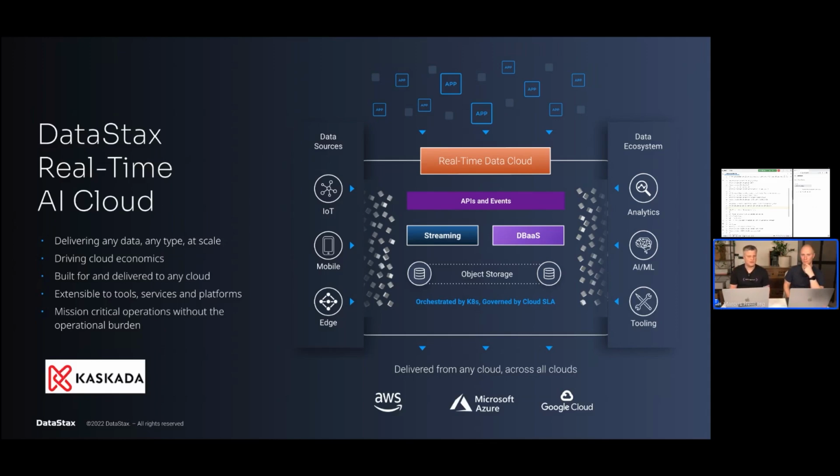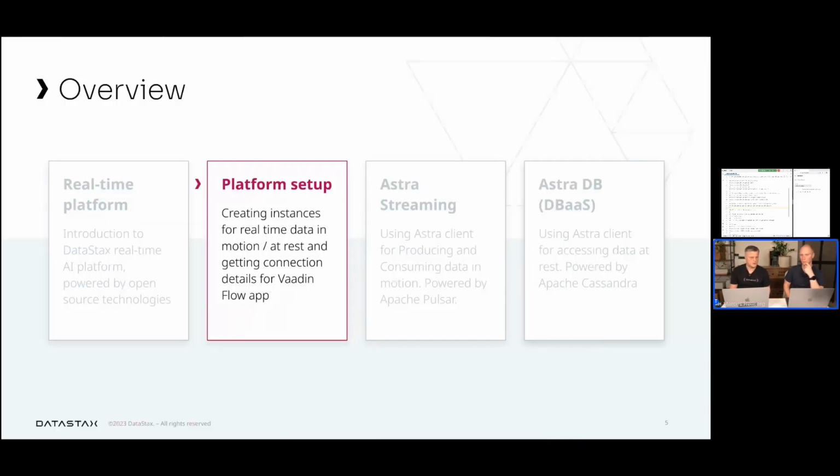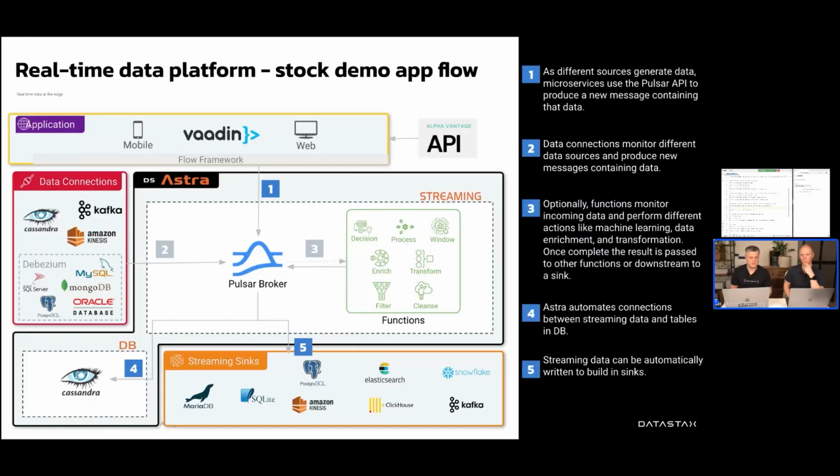We could move on then to show how that is set up. Before I do that, let's spend a little time on the architecture picture, explaining what we have built. We have built this demo application, which is basically consuming stock data.